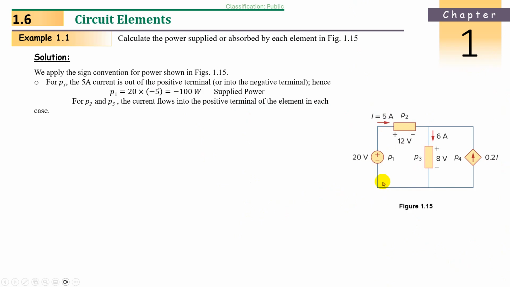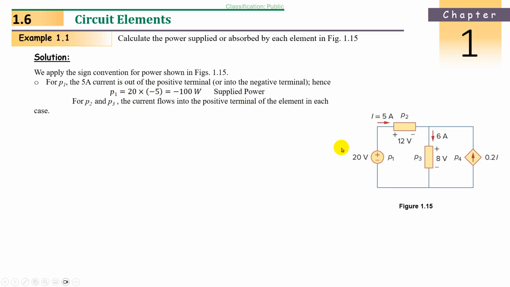I told you in the last class, when current enters a positive terminal, then it is positive power, that is absorbing power. When current leaves from the positive terminal, going outside, then it is negative power, means it is giving power. So that's why 20 into 5 amperes, minus 5, because it is going out from the positive terminal.